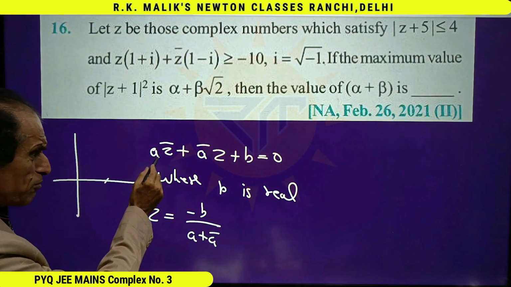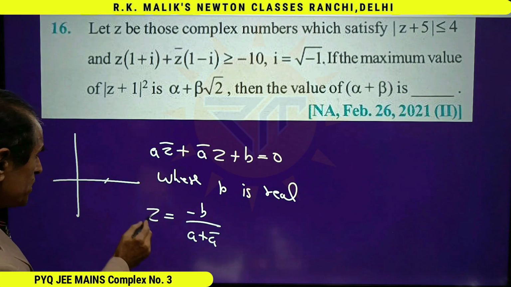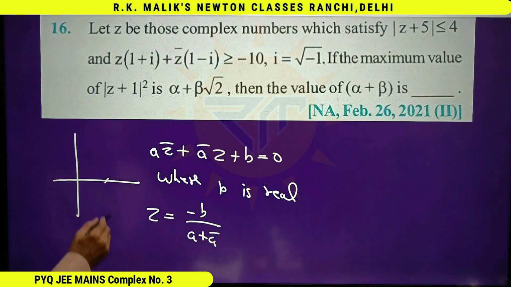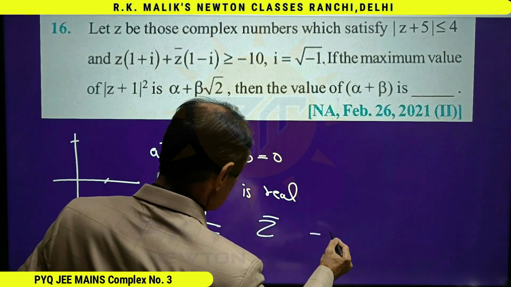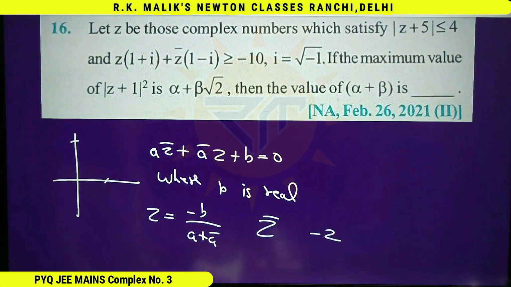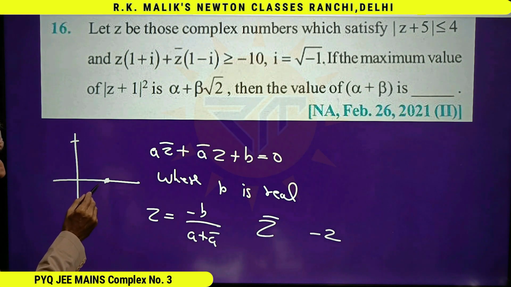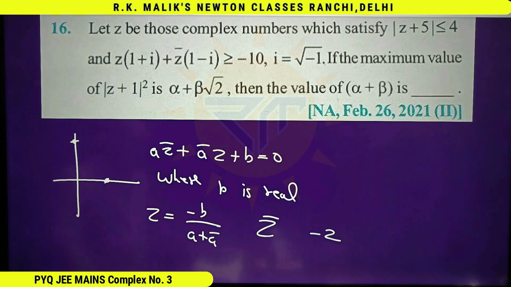For z bar, write z, and the value of z you get will be the x coordinate of the point where the line cuts the x-axis, or you can say the real axis. To find the point where the line cuts the y-axis, for z bar, write minus z. I am using this because for the x-axis point z bar and z are the same, and for the y-axis point z bar will be equal to minus z.